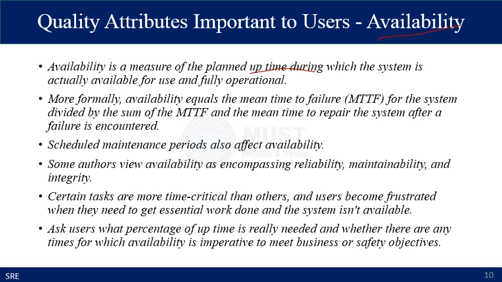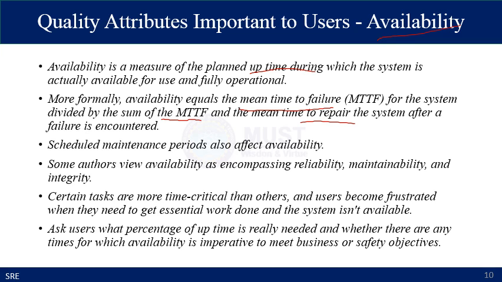More formally, availability is equal to mean time to failure, that is how often your system fails, divided by the sum of mean time to failure and the mean time to repair of the system after the failure is encountered. That also measures how often your system is available and how often it is offline or not available to your user.